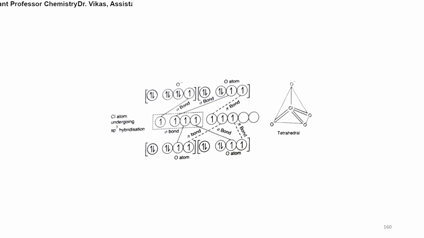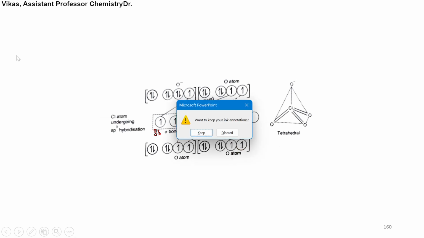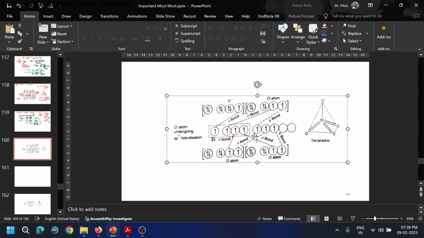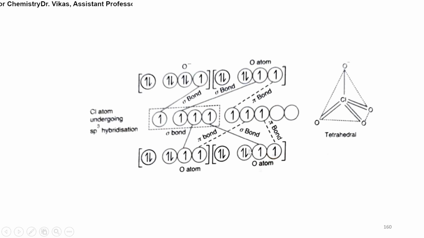Let's see. As we have seen, the electronic configuration of the chlorine atom in the excited state is 3s, 3p, 3d, total 7 unpaired electrons.